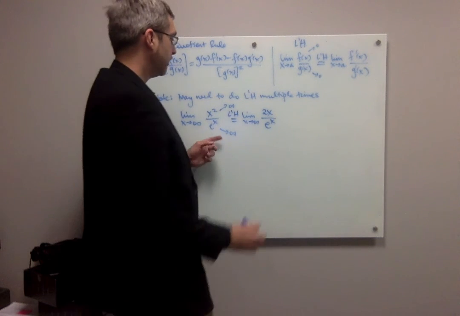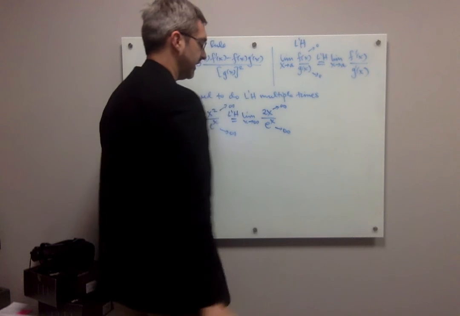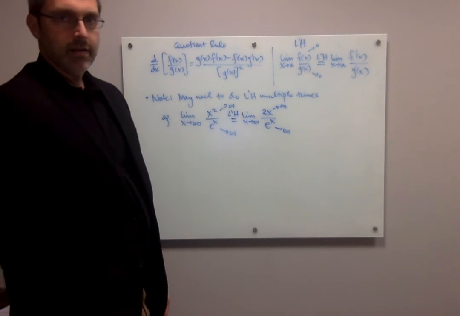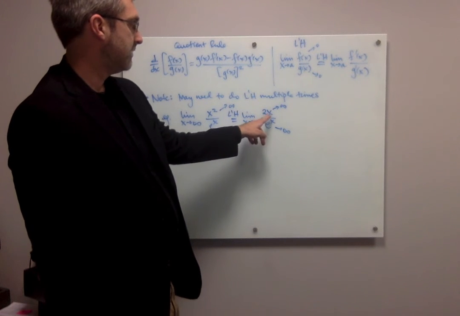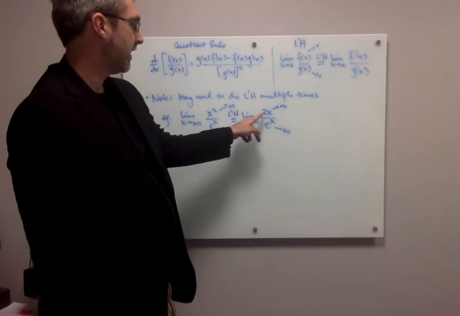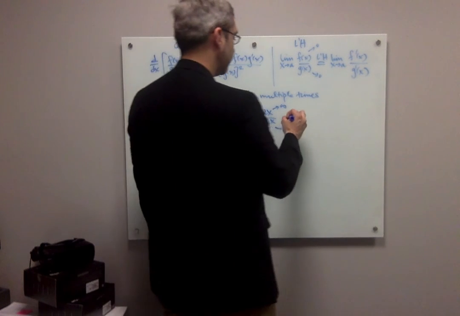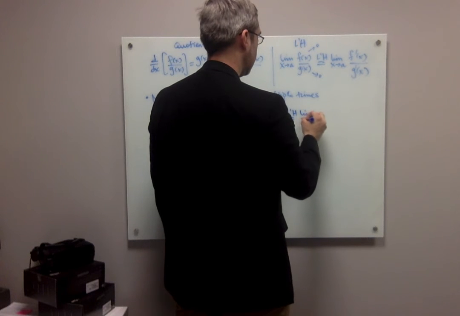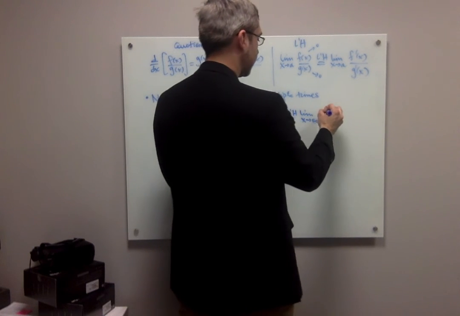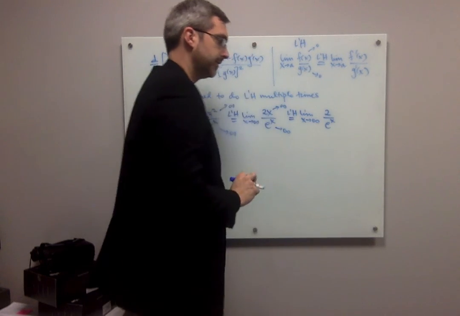So now when x goes to infinity, the top goes to infinity and the bottom goes to infinity. But notice that the fraction's actually gotten better because instead of x squared I have a 2x. This is simpler. Okay? So I'm going to apply L'Hopital's rule again, which means the derivative of 2x is 2, and the derivative of e to the x is just e to the x.